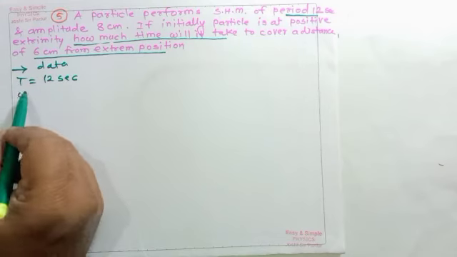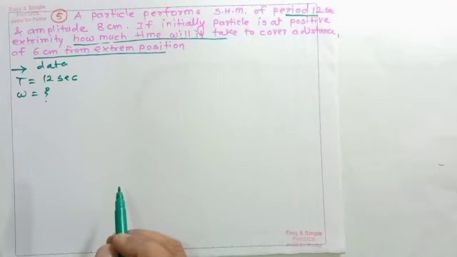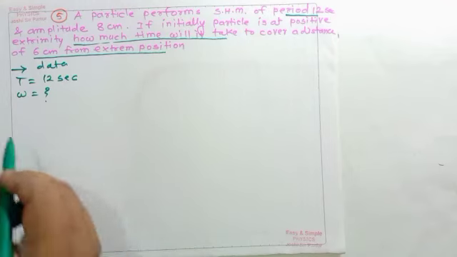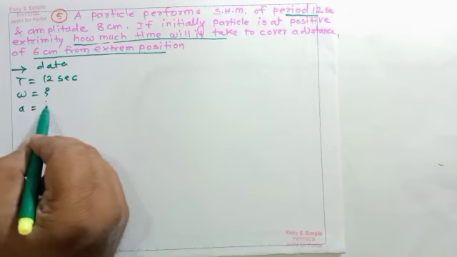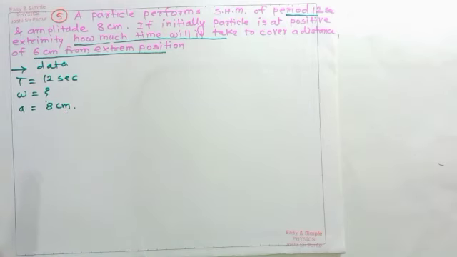We can find out omega. When capital T is given, we can find out omega. Amplitude is given, that is 8 centimeter. This amplitude is the maximum displacement from mean position, that is 8 centimeter.